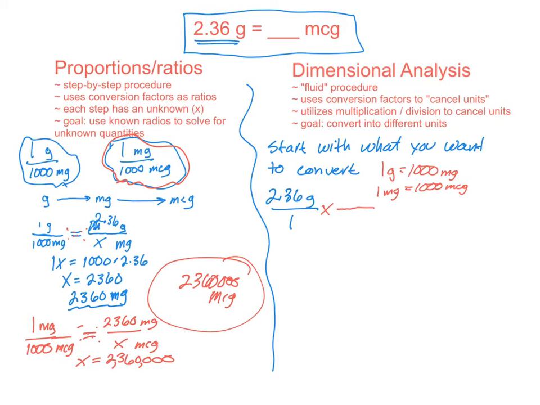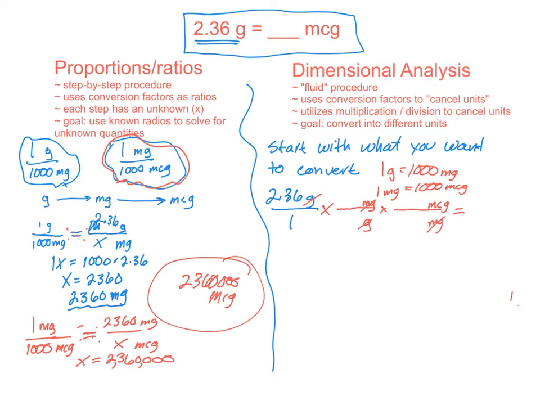And I'm using these conversion factors within this dimensional analysis to cancel out units. So I want to cancel out grams, and I want to go first into milligrams. So I'm going to write that. Then I know when I am done with my milligrams, I want to cancel that out and go into micrograms. So I'm kind of mapping out my dimensional analysis before I start putting numbers places.